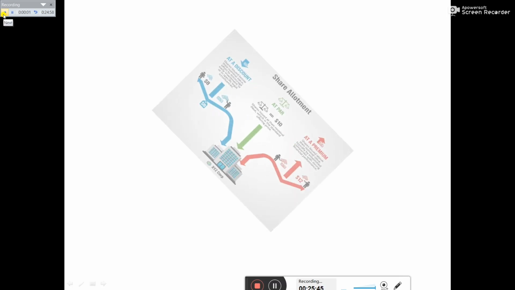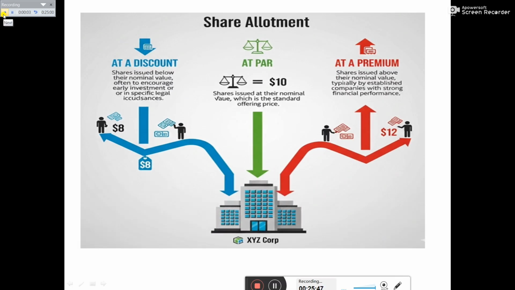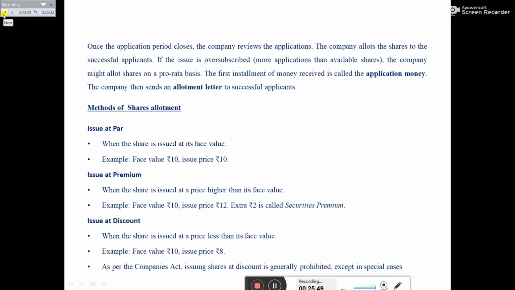And the next main thing is share allotment. What is this allotment? After share applications are received, the company needs to allot the shares based on the applications received. There the company has 3 situations.